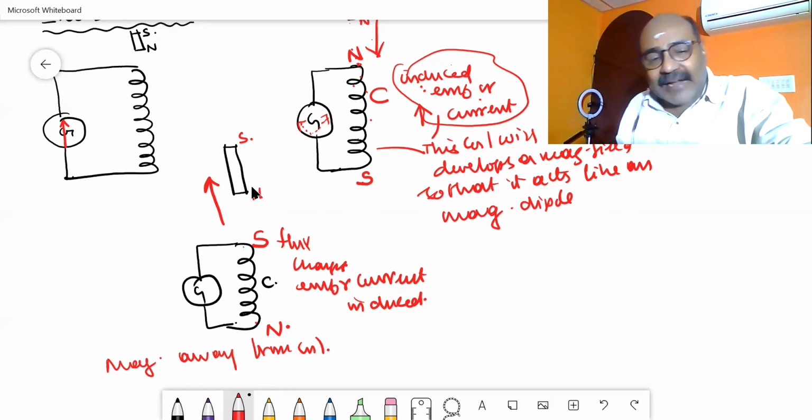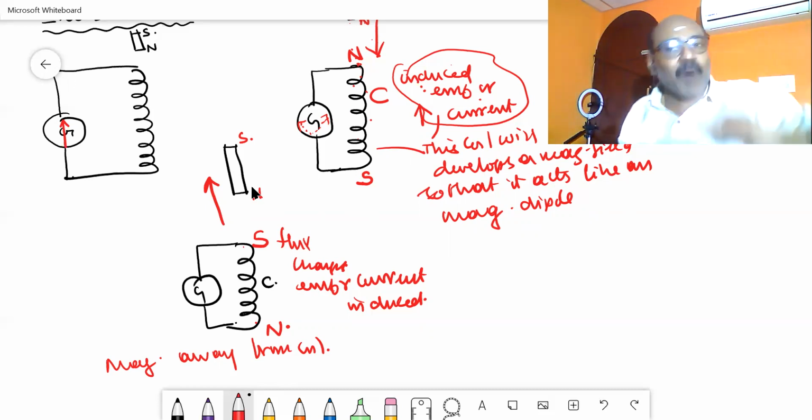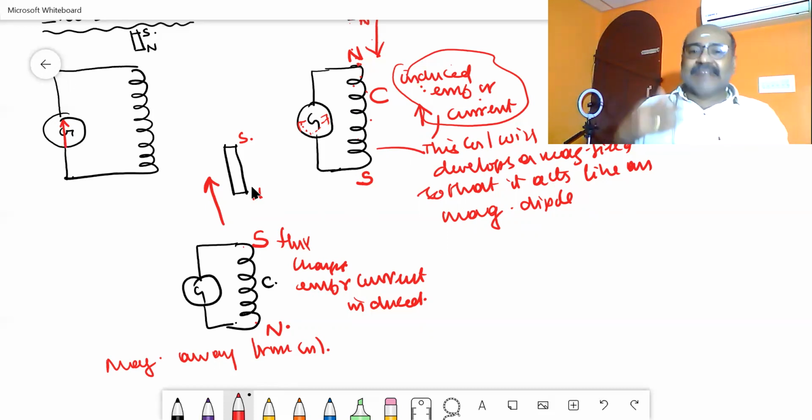So in that coil, the top end will have the south pole and the bottom end will have the north pole. By knowing the direction of the new magnetic field developed in the coil, using the right hand thumb rule, the direction of the EMF induced can be found in the coil.